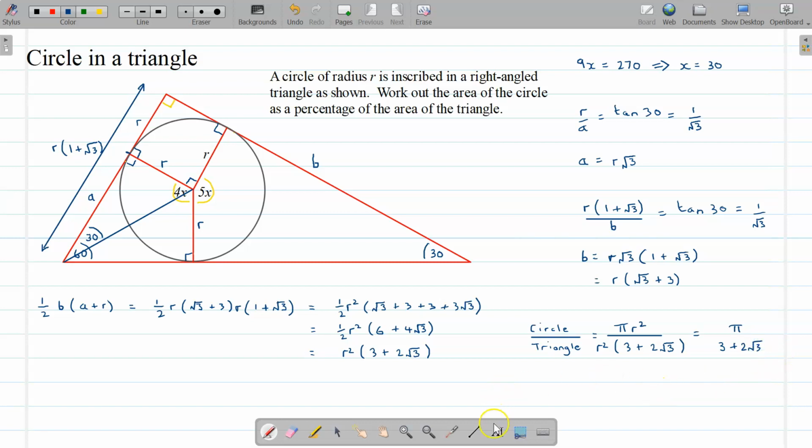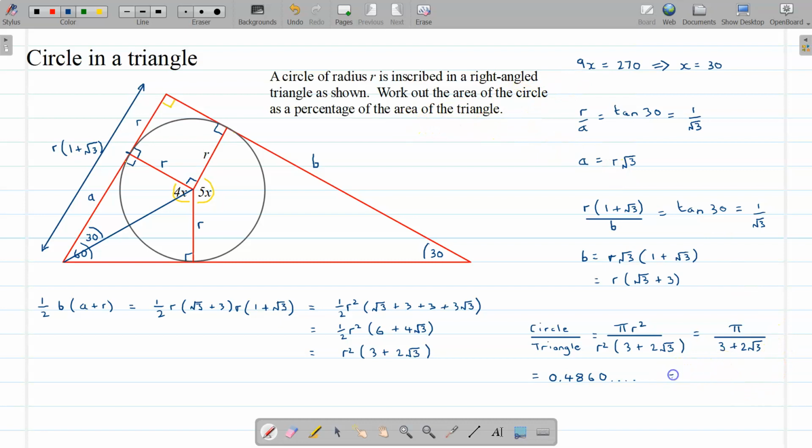Now if I put that on the calculator, that comes to several decimal places, but that gives me 0.4860, and then it goes on with several decimals, and I'm required to give it as a percentage.